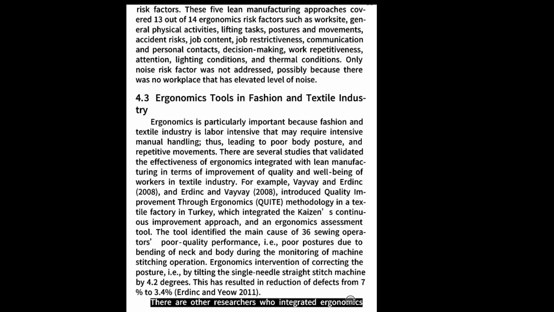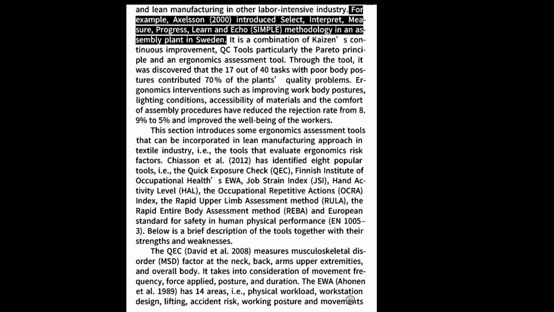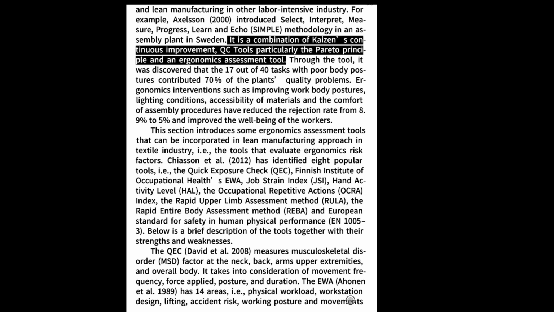There are other researchers who integrated ergonomics and lean manufacturing in other labor-intensive industries. For example, Axelsson 2000 introduced the Select, Interpret, Measure, Progress, Learn and Echo simple methodology in an assembly plant in Sweden. It is a combination of Kaizen's continuous improvement, QC tools, particularly the Pareto principle, and an ergonomics assessment tool.